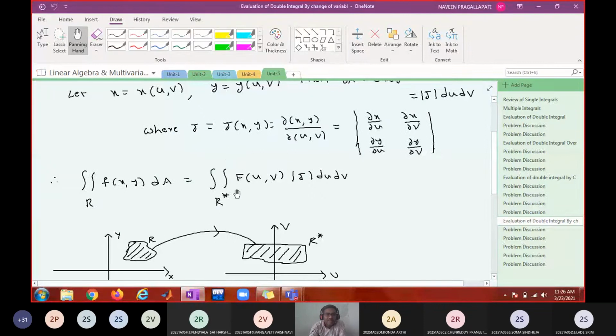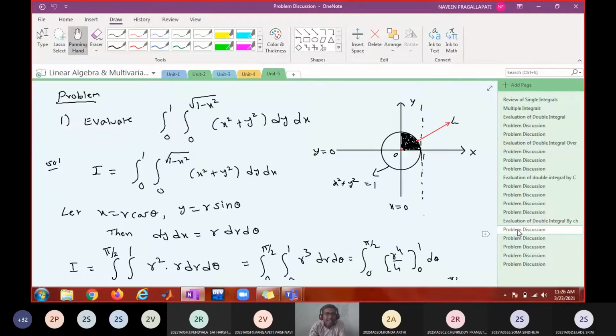Then you have to take the modulus of J. F is transformed to capital F in terms of u and v, multiplied with modulus of J du dv. So the modulus of J acts like a scaling factor, because the region may not be the same, so the equivalent area is given by modulus of J into du dv.